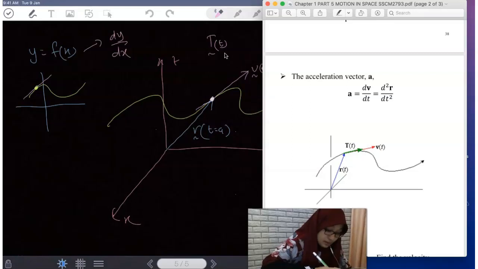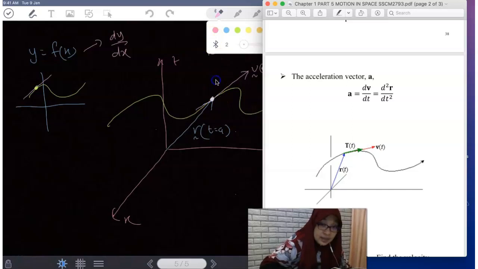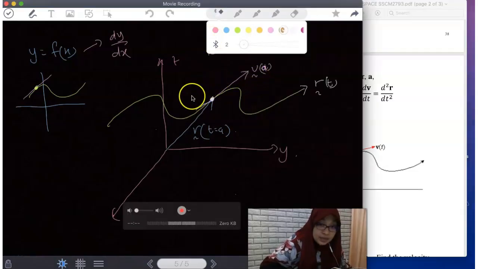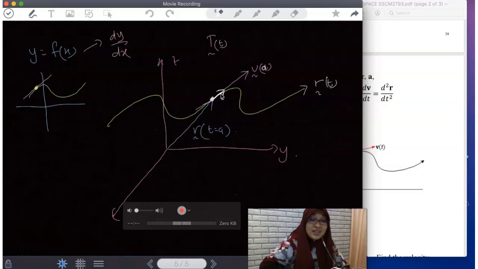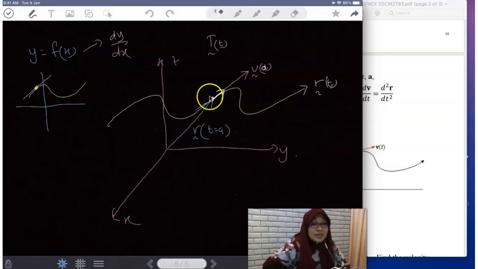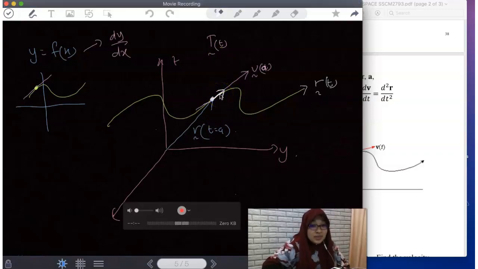Okay, they have the same direction but different magnitude, because the unit tangent here is a unit vector, where the magnitude is always equal to 1. You can see that they have the same direction as the velocity vector, but the unit tangent has a smaller length. I mean a bit shorter because the magnitude is always equal to 1.